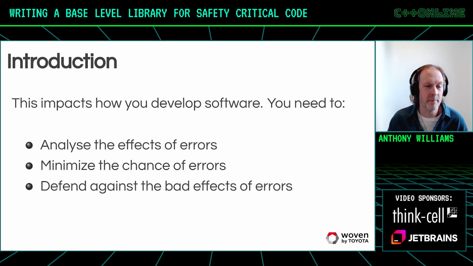What we hope happens when our software goes wrong is that either A, the software seamlessly recovers from the mistake, or B, you get a warning light on the dashboard, and beyond that, the consequences for the driver are somewhat minimal. So that's what we're aiming for. We're always trying to defend against the bad effects.